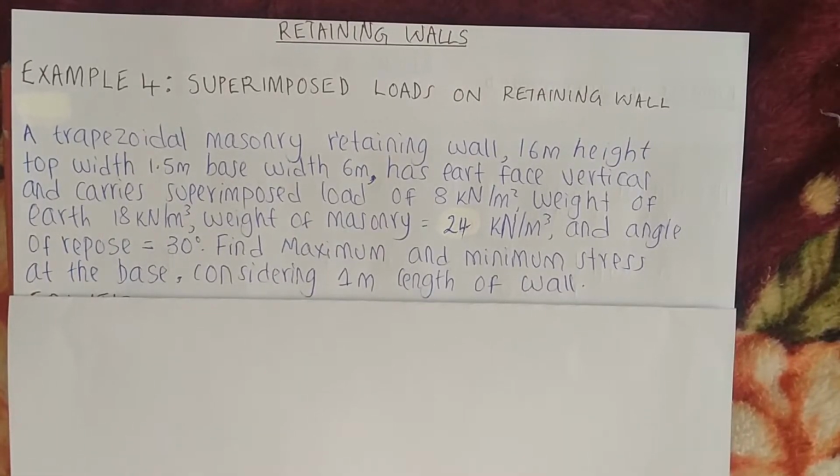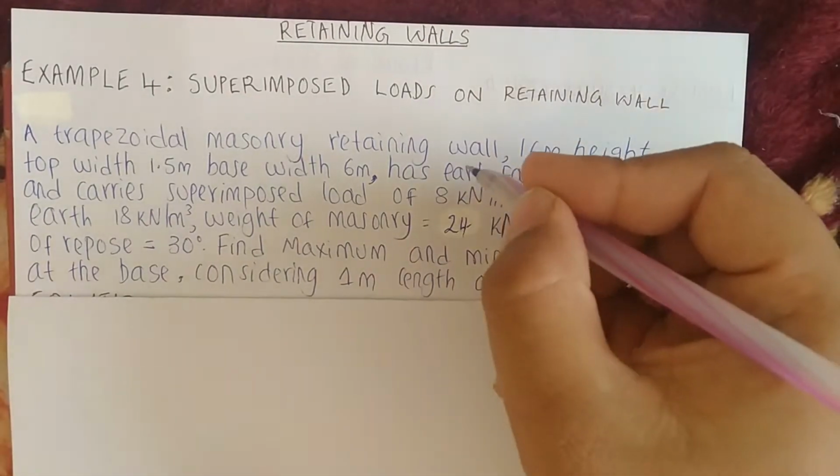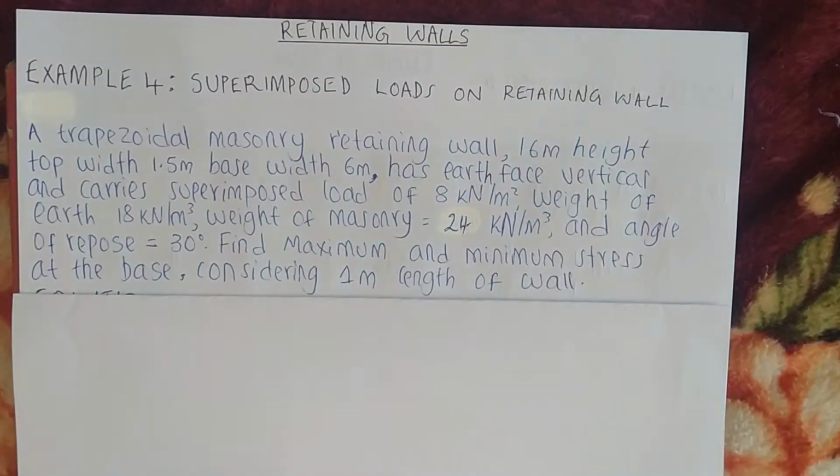So let's get started. The question says that a trapezoidal masonry retaining wall, 16 meters height, top width of 1.5 meters, and base width of 6 meters, has earth surface vertical and carries a superimposed load of 8 kilonewtons per meter squared.